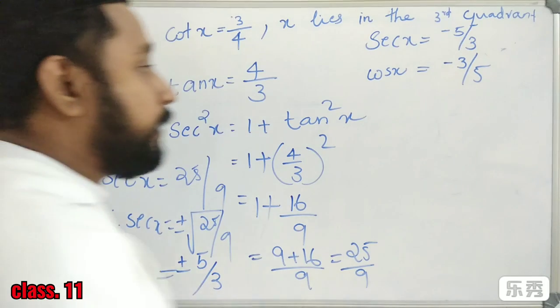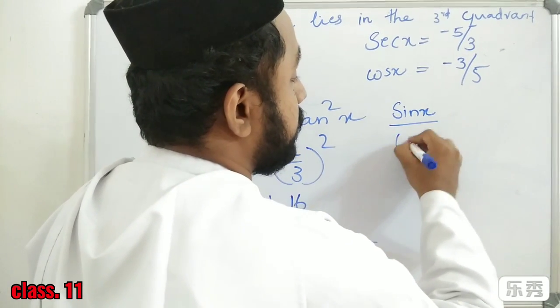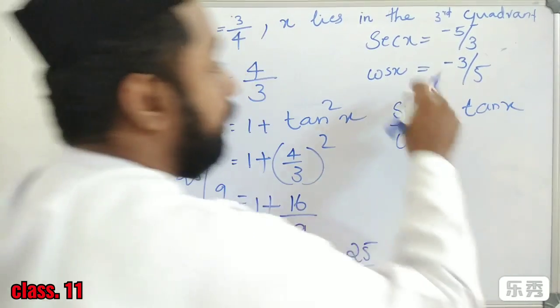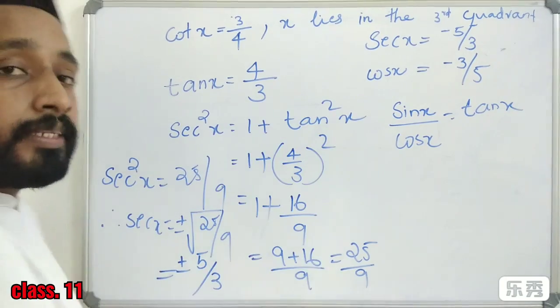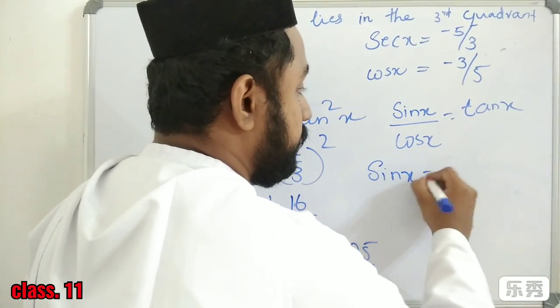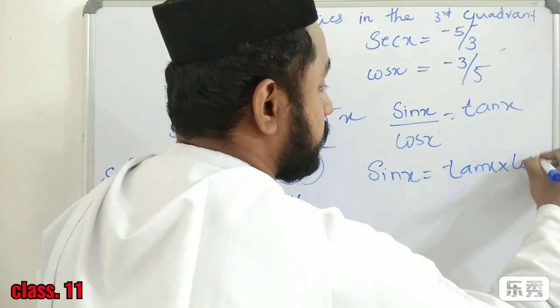We have the formula sin x by cos x is equal to tan x. We have cos x and tan x, so we can easily find sin x.